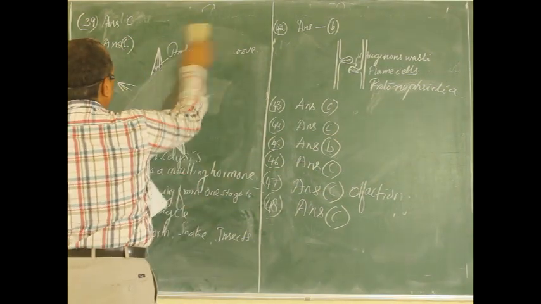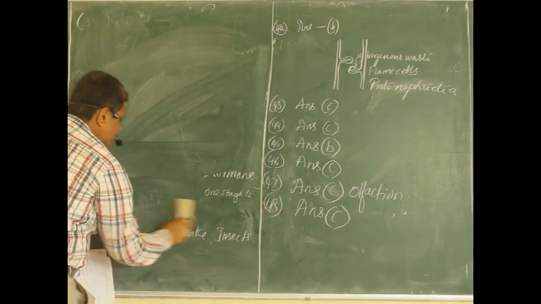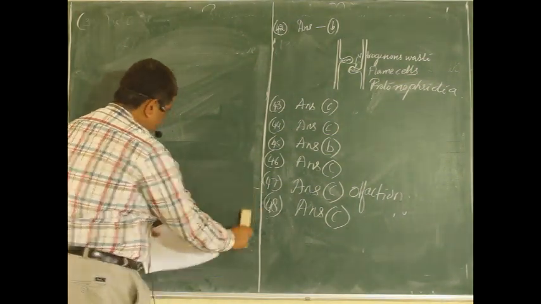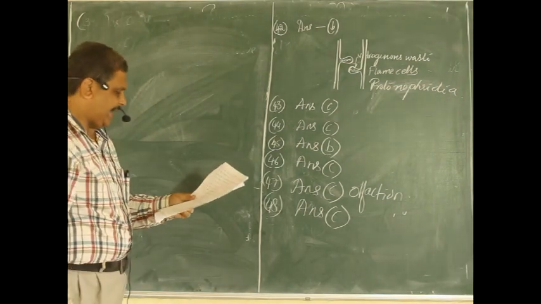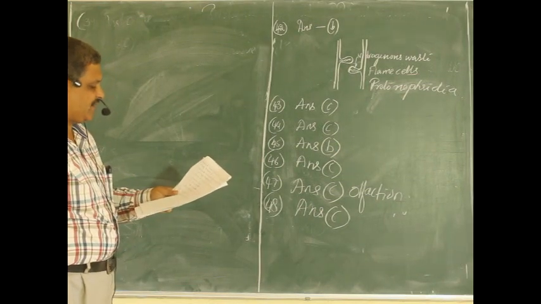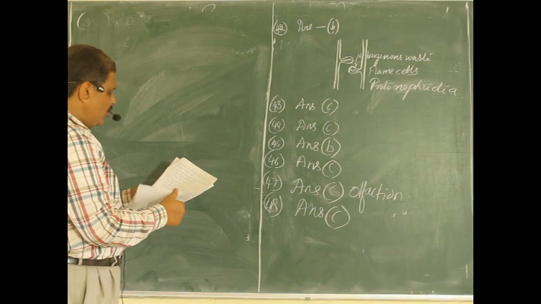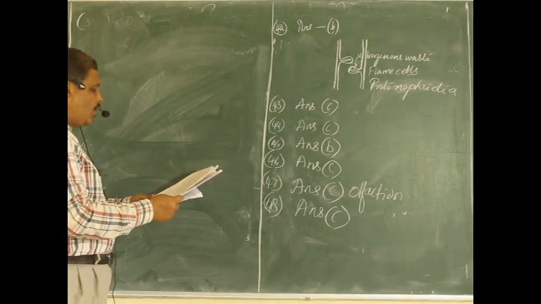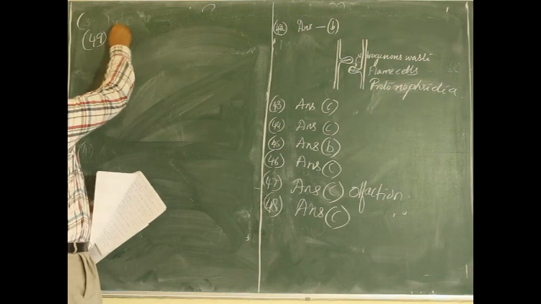Option A, both are correct. Option B, A is correct, B is wrong. Option C, A is wrong, B is correct. Option D, both statements A and B are wrong. So the answer is B.